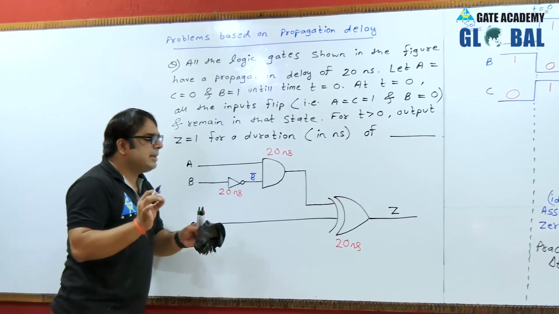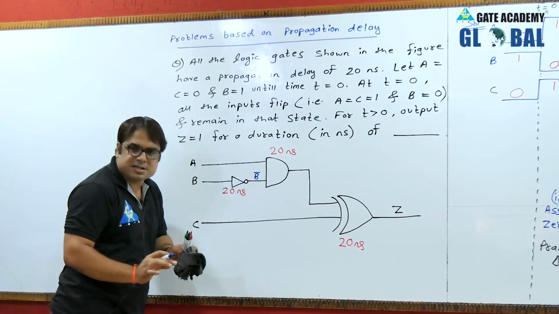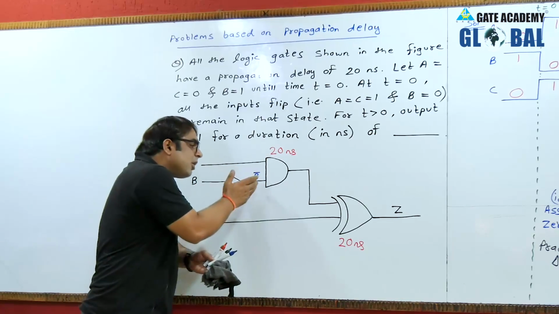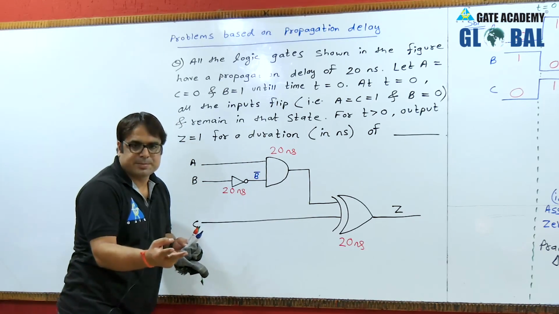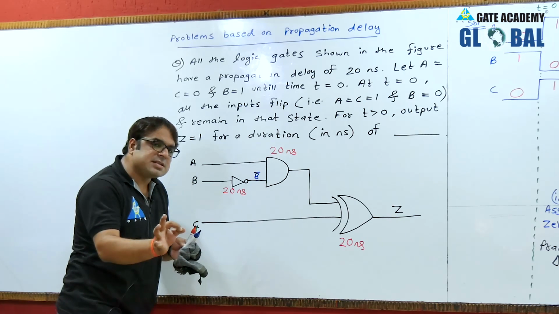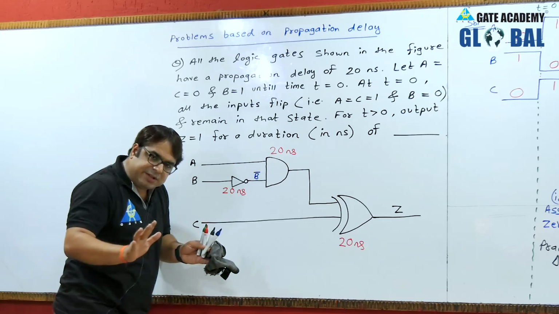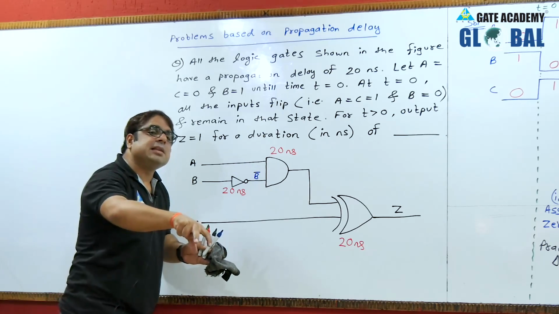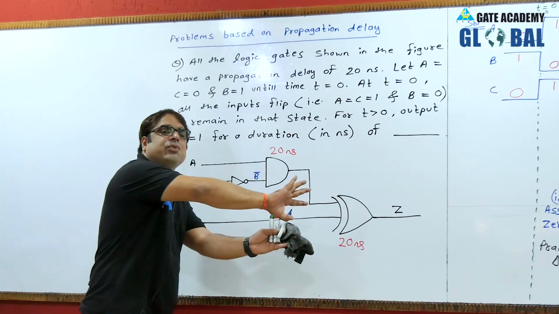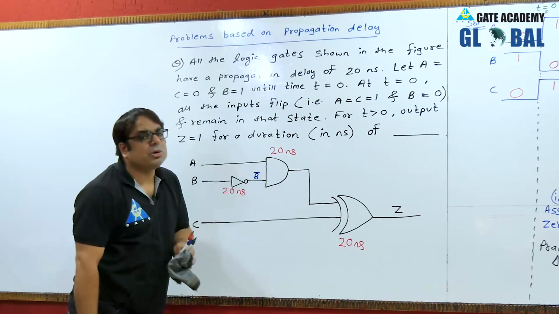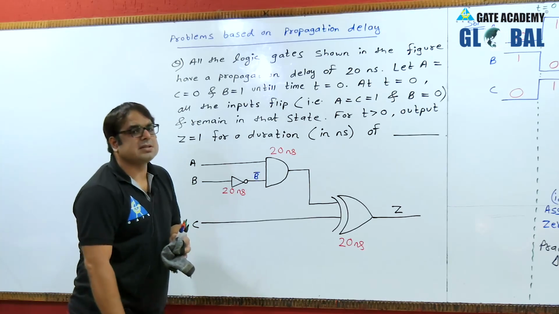Now see, the easiest way to solve these types of questions is to draw the output waveform of the logic gate two times. First, consider the ideal situation with zero delay, and then whatever is the delay given, just shift the waveform by the same amount of time, which I am going to show you to solve this question.